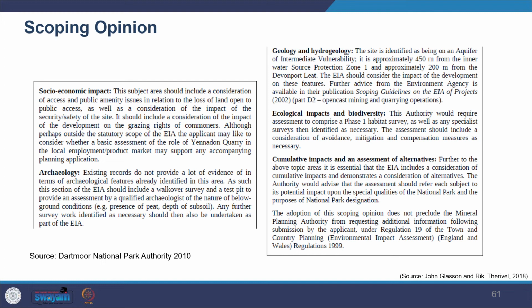So this is the example of one of these briefs of this scoping report. So you can see how the socioeconomic impact, what they are going to undertake there, archaeology, what they are going to undertake, geology and hydrology, what they will cover, ecological impact and biodiversity, cumulative impact and assessment of alternatives.